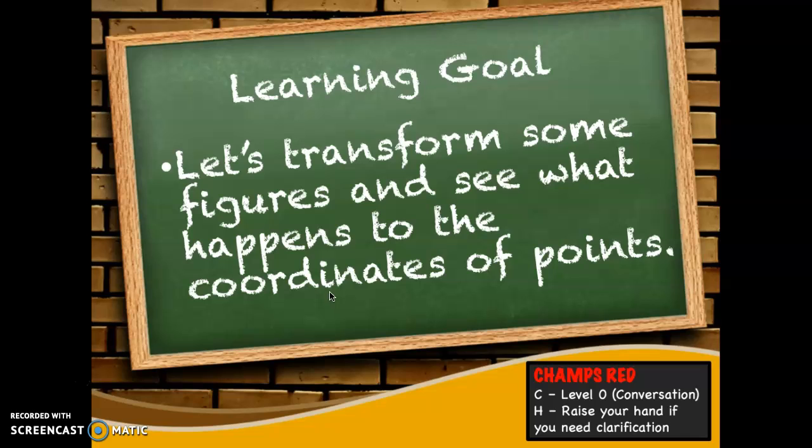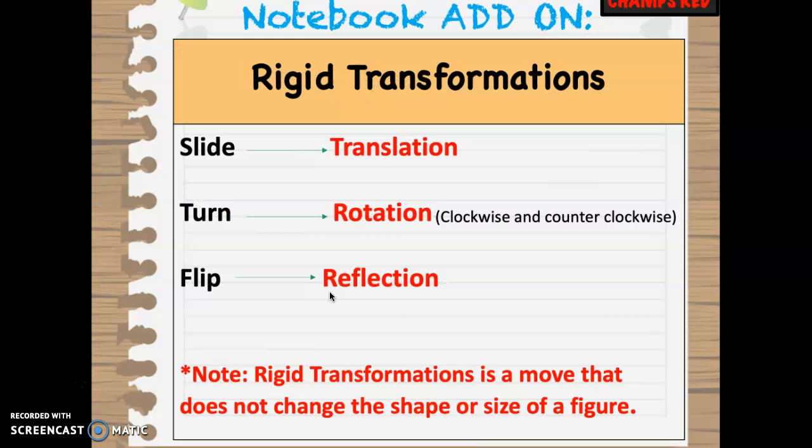Okay. Our learning goal for lesson 5 was to make sure that we can see how a transformed figure, how the coordinates relate to that, okay? And the two things we're going to focus on today is translation, which means to slide. And here is the thing we have to do is create a rule.